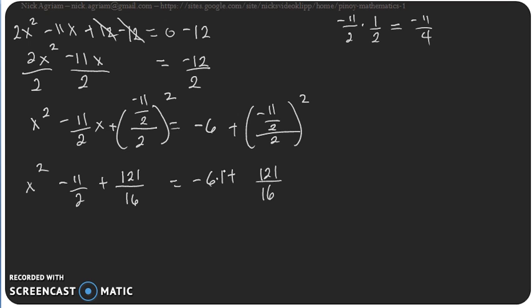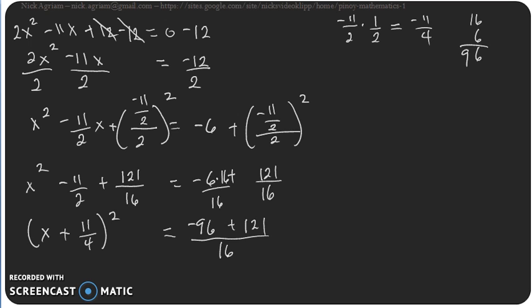If we expand this by 16, and if I did it right, then this would be a perfect square now. x plus 11/4 squared is equal to 16 times negative 6, that is negative 96, plus 121 over 16.